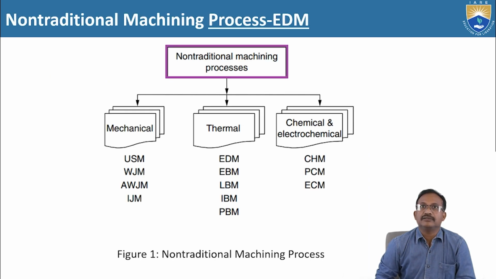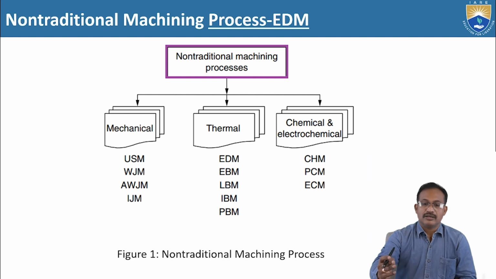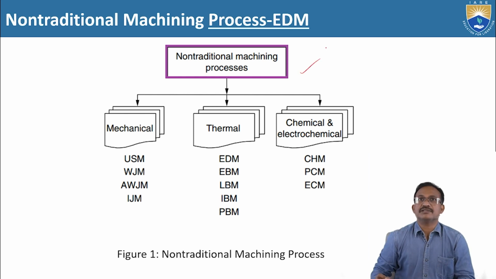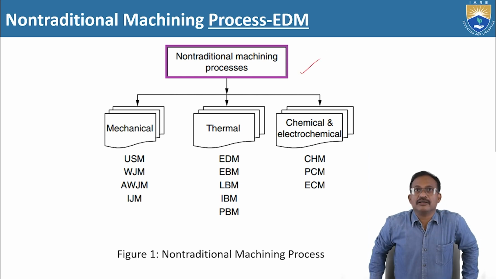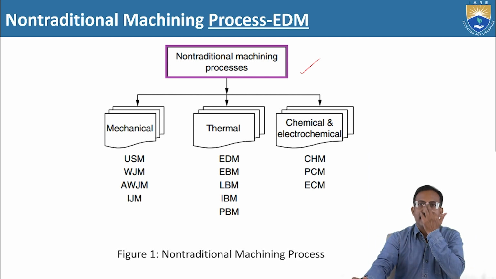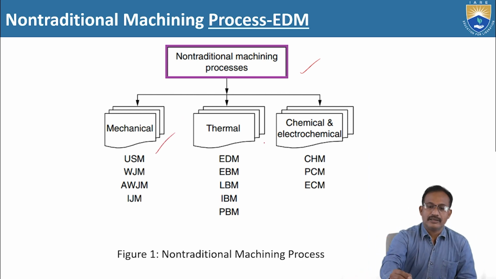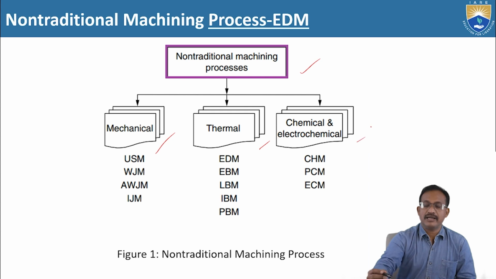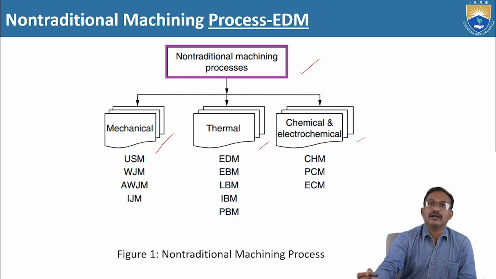Now let us see the different categories of non-conventional machining process. Under non-conventional machining process, basically there are three categories: mechanical, thermal, chemical and electrochemical. Under mechanical: ultrasonic machining, water jet machining, abrasive water jet machining, ice jet machining.